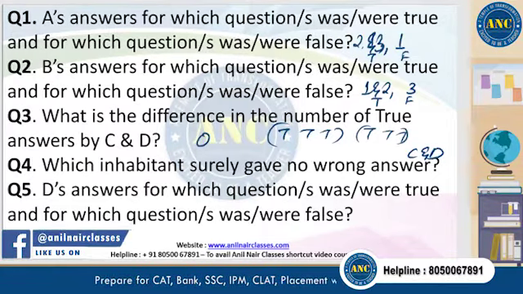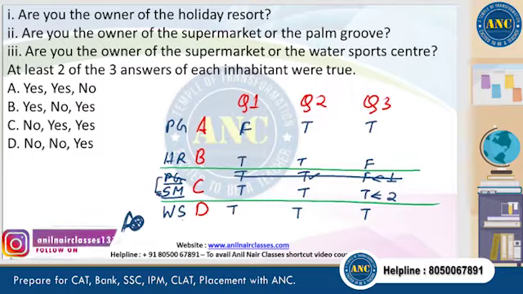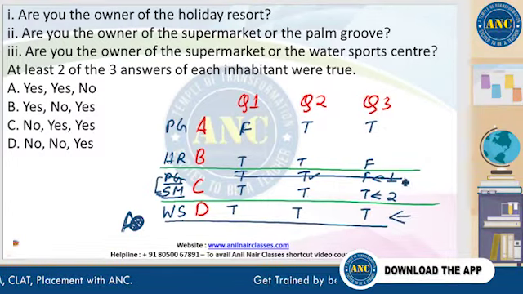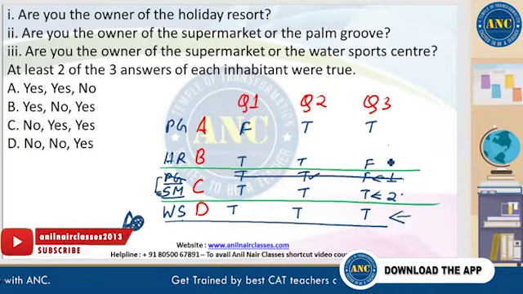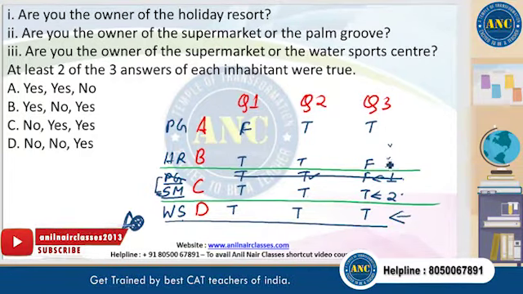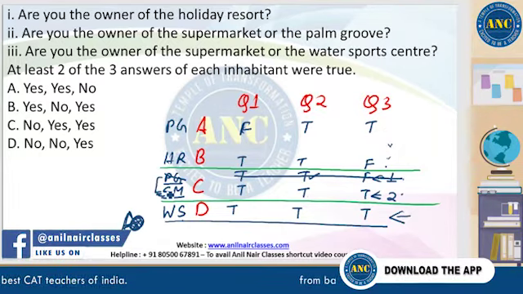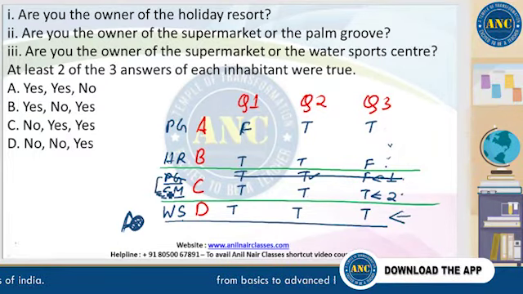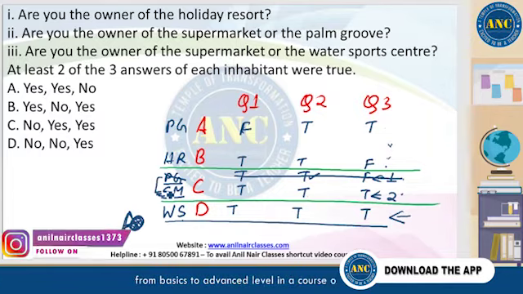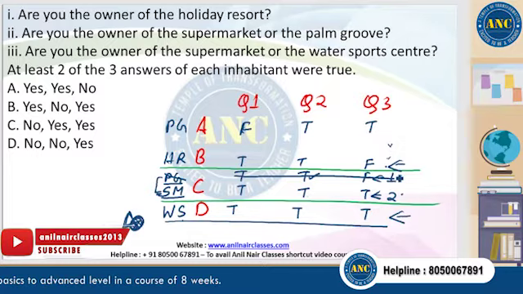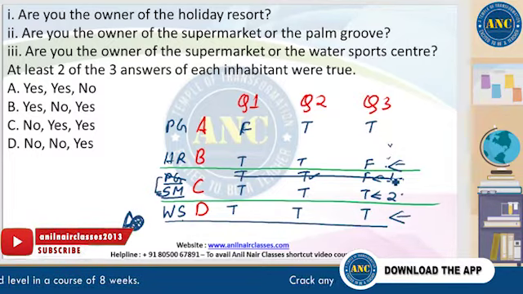We had to start with this. Okay, let me quickly go through it. This part was very easy to figure out. Here we had two cases, and we actually built three cases, but we could negate the third, and we also figured out that B owns the holiday resort. In both remaining cases B was true, true, false, so B has to own the holiday resort in both.